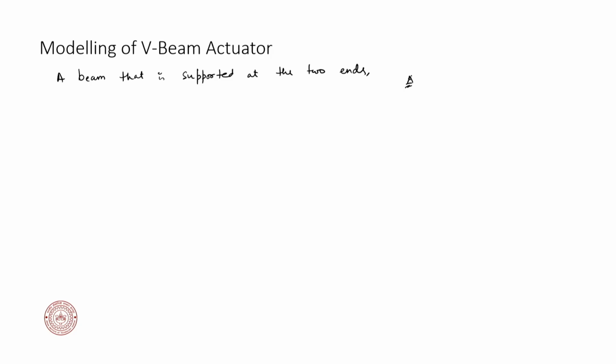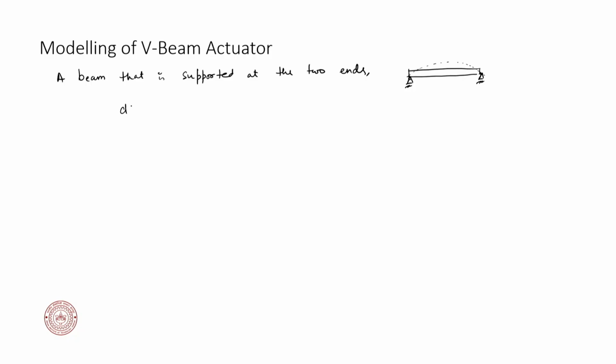Now, we can pin this, we can fix this. It's a beam. That means that the second dimension is important and it has a deflection component present. And if there is a temperature variation within this, it's likely to deform as such. Okay, if it is expanding and if you have fixed these two ends and the temperature expands, it's likely to bend. Right. So, that is a V-beam actuator.